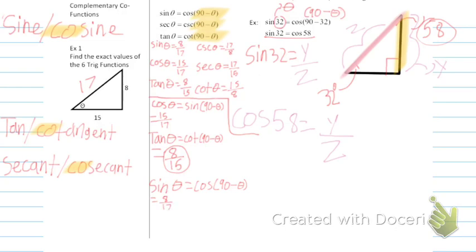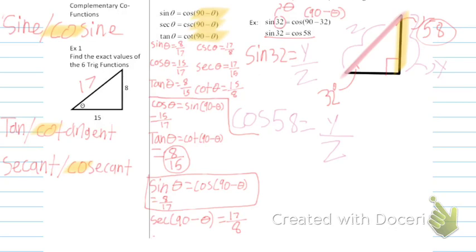Now, you already know this formula over here. The other formula that's new is secant of 90 minus theta, which equals 17 over 8.